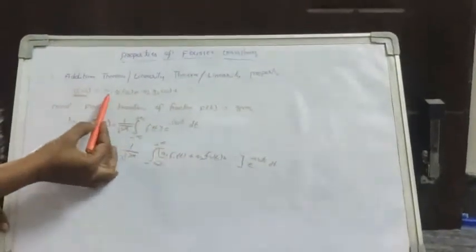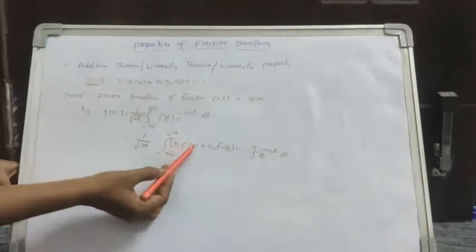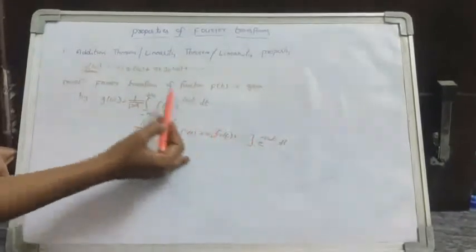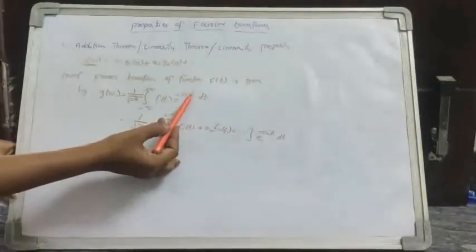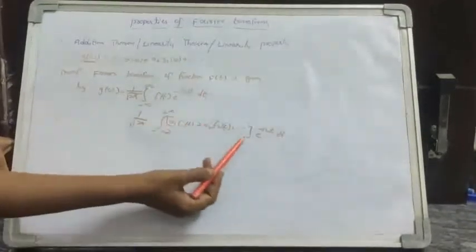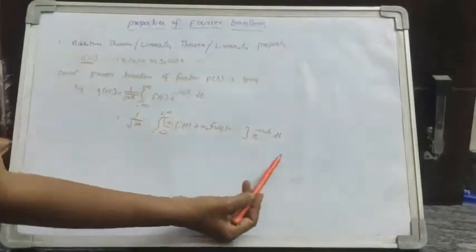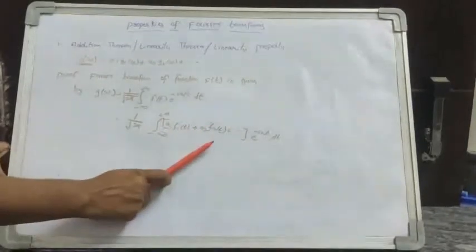In place of f of t I have kept a1 f1 of t plus a2 f2 of t. Now e power minus i omega t dt is common from the first term and second term. Then overall I have represented it.